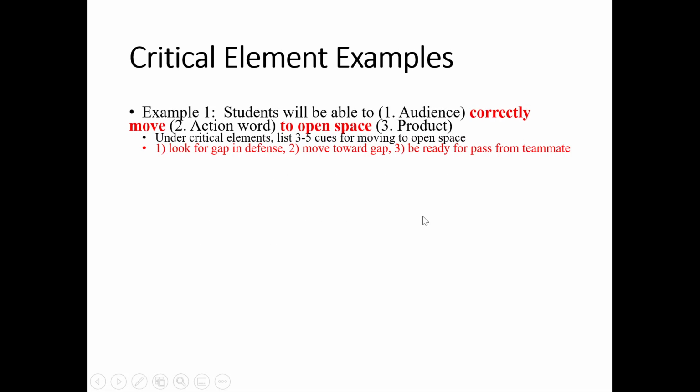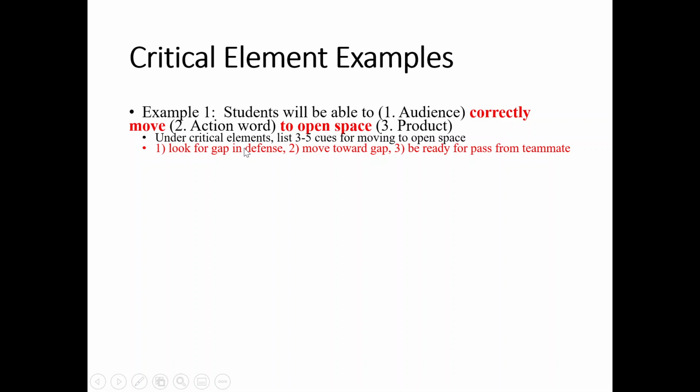So in our first example, these are the same objectives from the previous slide. Students will be able to correctly move to open space. Okay, so for the critical elements that you would put on your lesson plan for this objective, to move to open space, these are the critical elements.